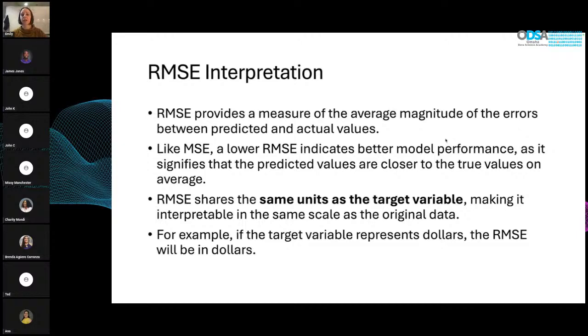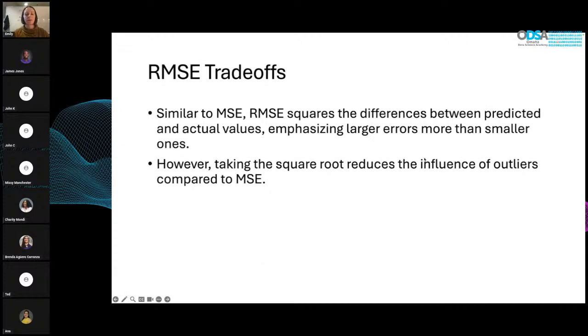Root mean squared error, again, important to consider that it's in the same units as the target variable. We are squaring them, but then we're taking the root afterwards, and so that brings us back down to the same scale. For example, if it was dollars, root mean squared error is also in dollars.